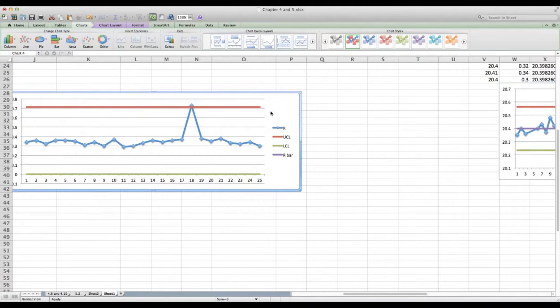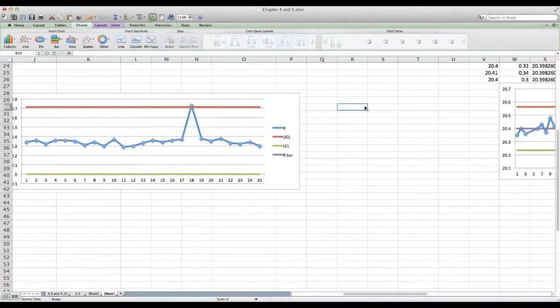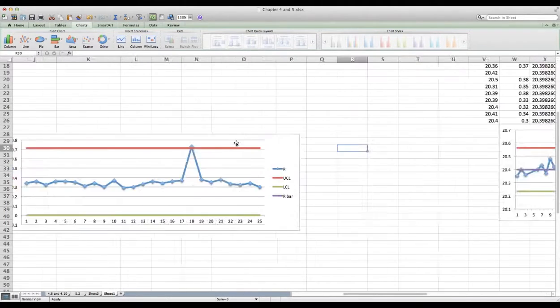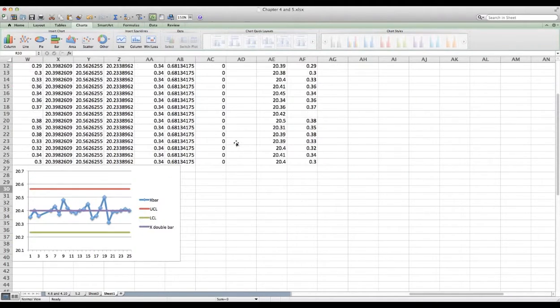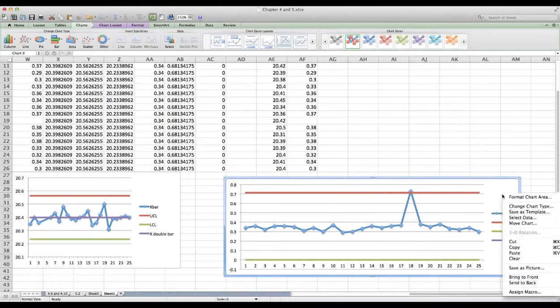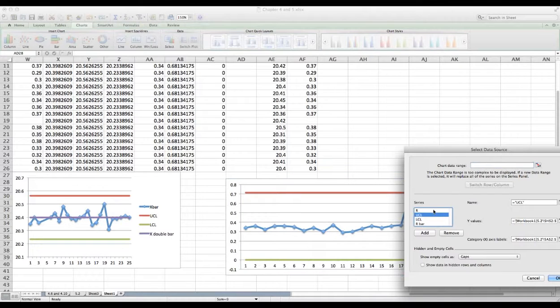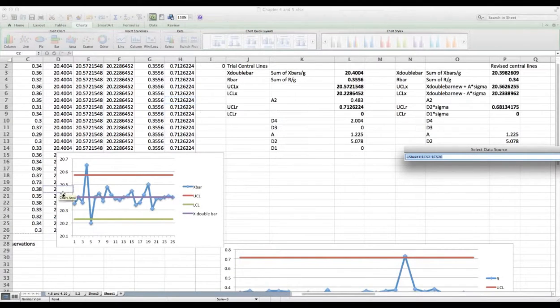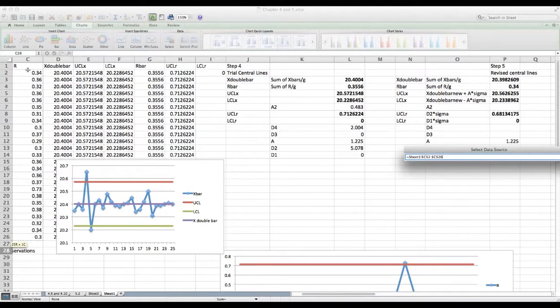Let's get this trial R chart, put it over here. Jeez, my computer's all over the place. I don't know why this chart got stretched out, but it's still correct. Once we revise all of these values, let's hope that it's this one.